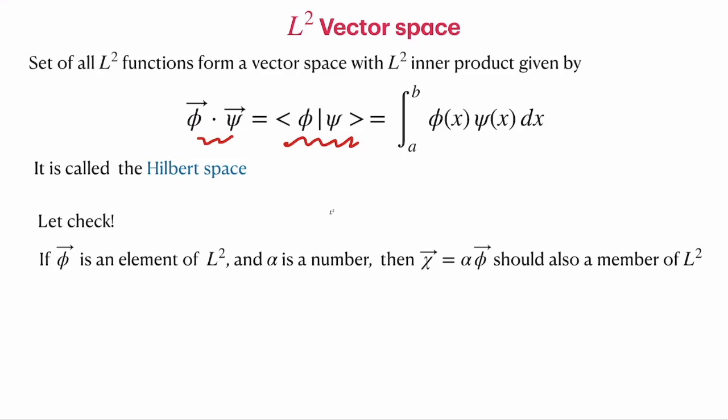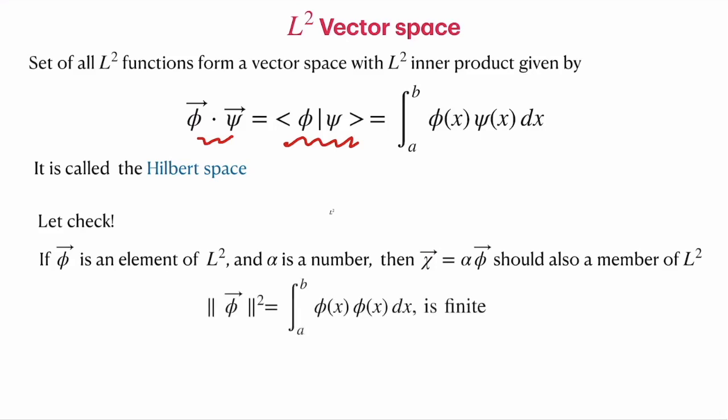If phi is an element of L2, then psi equal to alpha times phi, where alpha is a number, is also L2. Of course, multiplying an L2 function by a finite number, the integral in the interval a to b still remains finite, and the function psi, which is alpha times phi, is also finite.